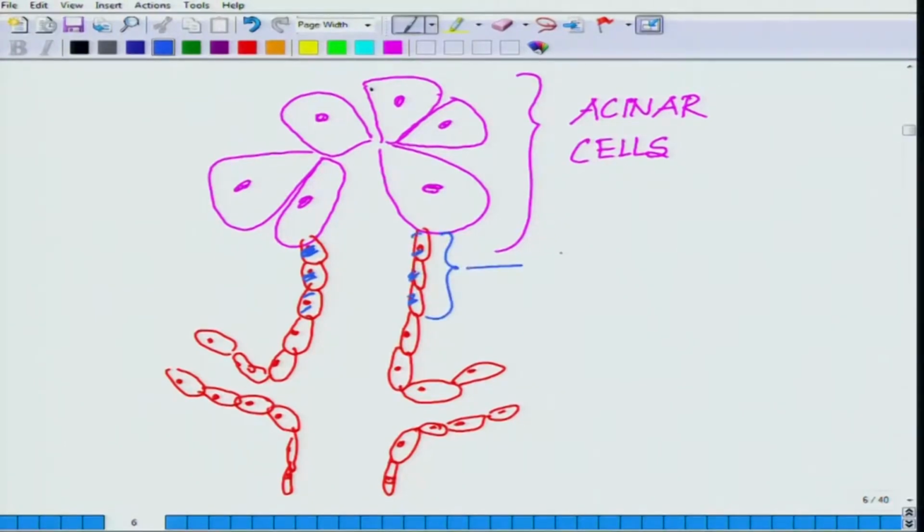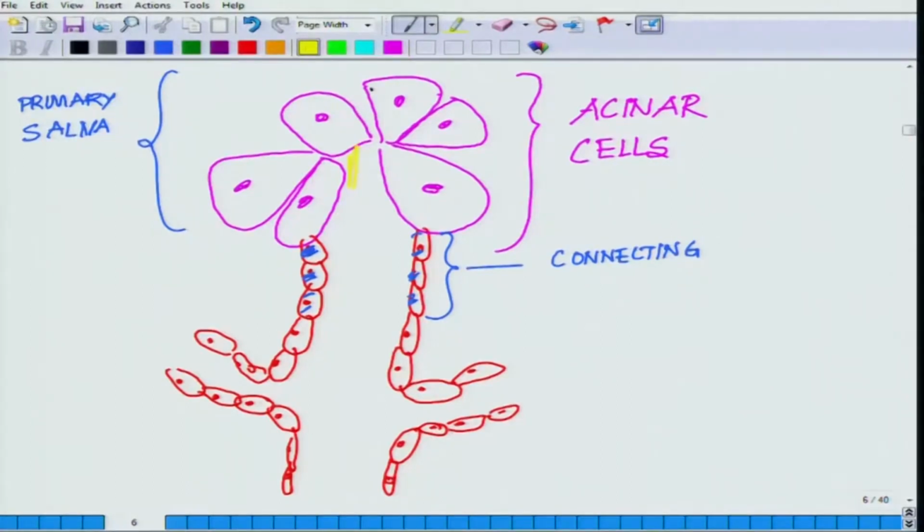This part is called the connecting segment. Those are the acinar cells which are involved in the synthesis of saliva, and this is where the primary saliva is formed. As the saliva gets modified, it becomes like that.